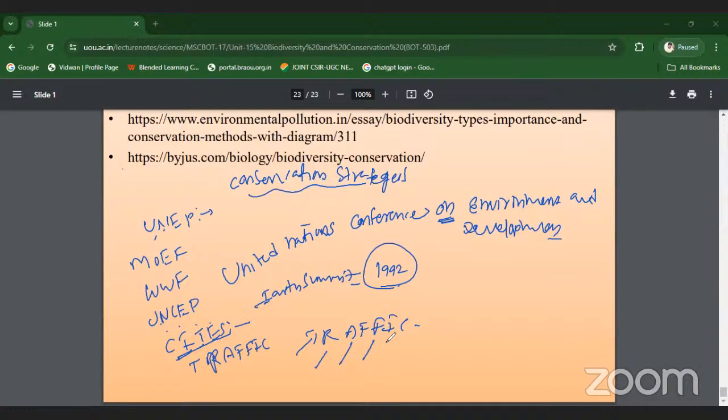And now gymnosperms. In gymnosperms, the important topics are the general character of gymnosperms and the economic importance of gymnosperms. If you learn the general character, you can apply the same concept to the type studies.